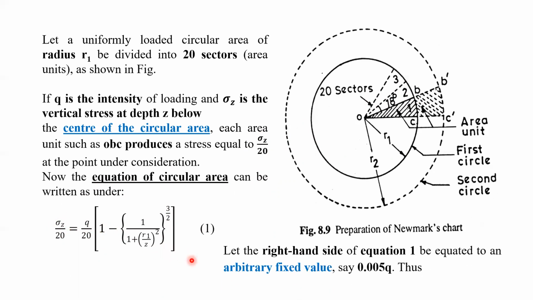So what Newmark has said here: let the right hand side of equation 1, this is the right part and this is the left part, be equated to an arbitrary fixed value, say 0.005 q. q is the load per unit area. So he says we can choose any value, 0.005 q, which will be equal to the right hand side of this equation.